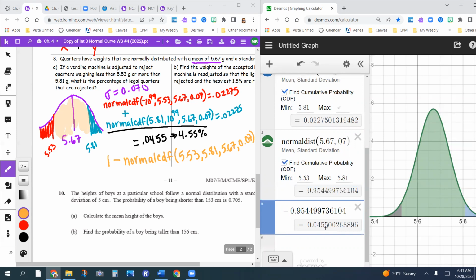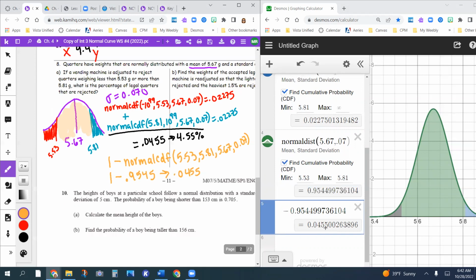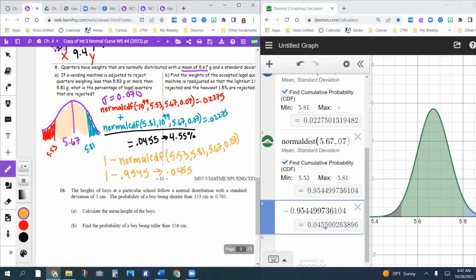Okay. So this would have been 1 minus 0.9545, which ends up giving me the 0.0455 again. Same way. You can do it either way. Okay.